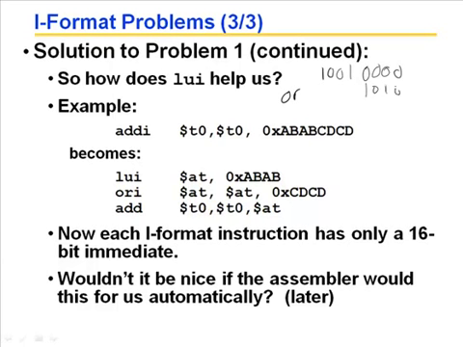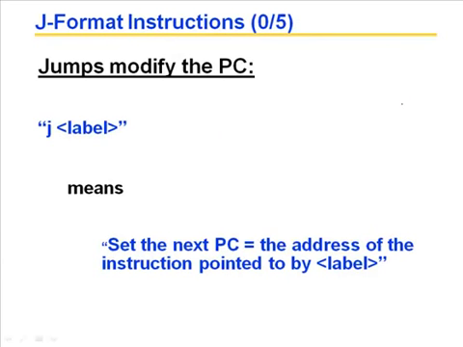It winds up basically concatenating the MSB portion and the LSB portion. So using this load upper immediate and then the OR immediate, you can get a value immediately. You can extend past the 16-bit limit. And the slides hint that it would be nice if the assembler did this automatically, and something about that later, and I'm not sure what that's talking about off the top of my head.